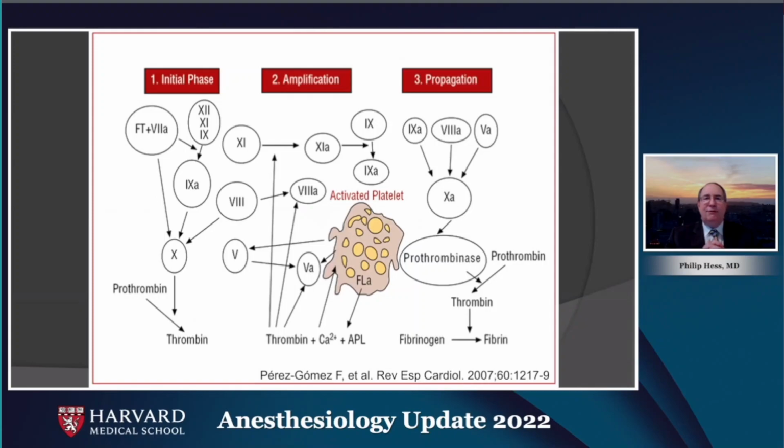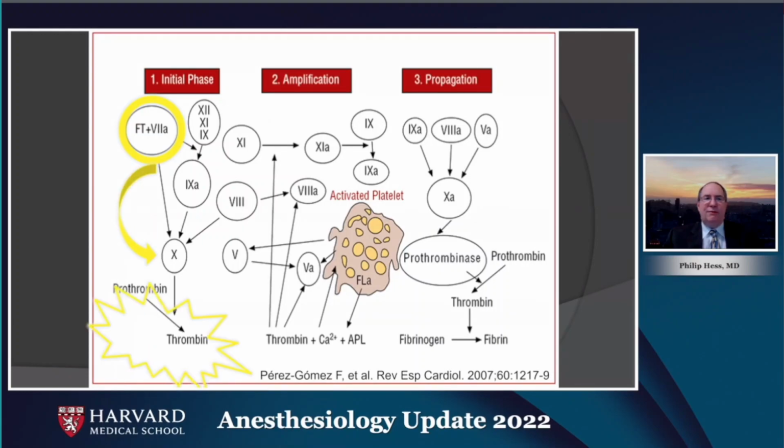What we actually have in the body is something that is a lot more represented by this type of three-phase clot formation, where we start out with tissue factor binding activated factor 7A. And tissue factor, of course, is most often in normal clot formation released by damaged endothelial cells, but can, as we'll see later, be released by other cells.